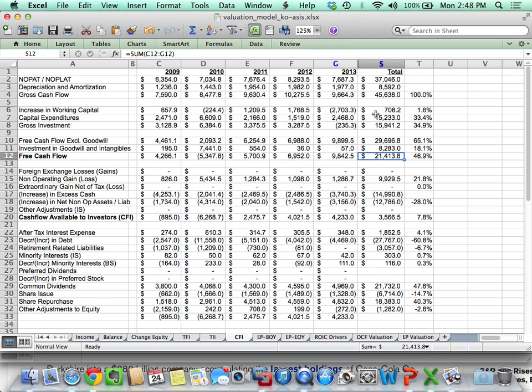As a percentage of gross cash flow, they had 46.9% of free cash flow available for every dollar of gross cash flow. That is the theoretical payout rate. Well, 1 minus the payout rate is what? It's the investment rate. So what is the investment rate for the last 5 years at Coke?